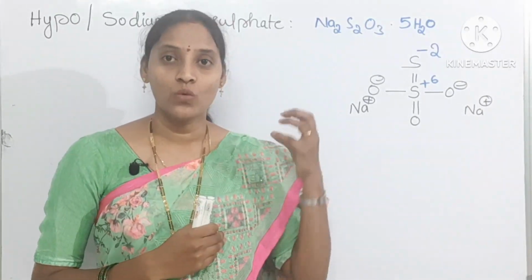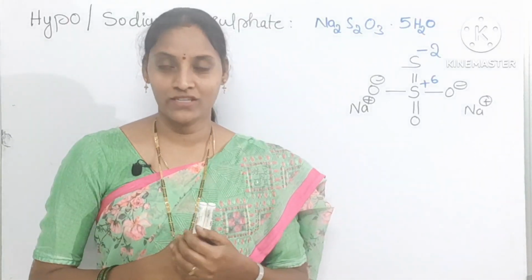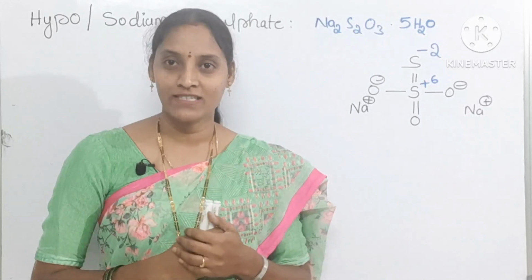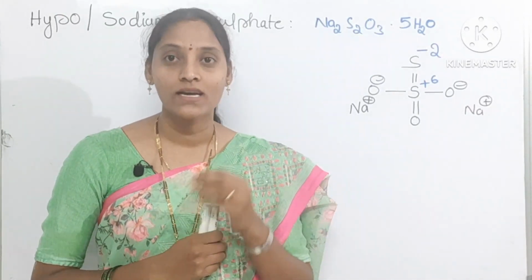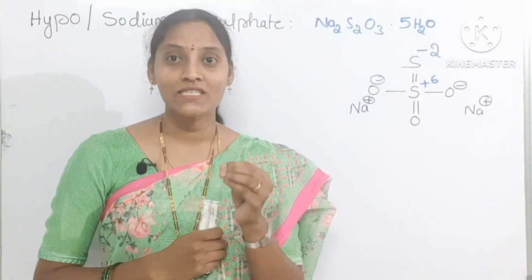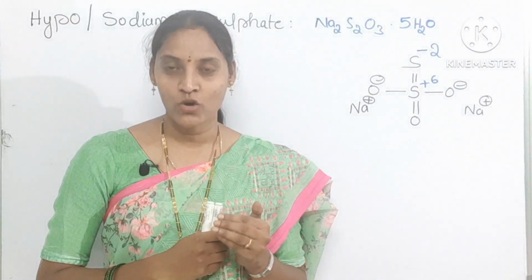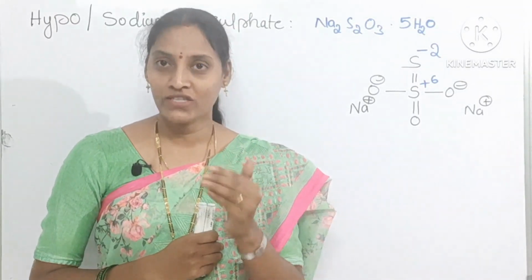What is hypo? This is one of the oxy acids or oxo acids of sulfur. How can you tell it is an oxo acid or oxy acid? Because of the bonds present between sulfur and oxygen, we can call it an oxy acid of sulfur.